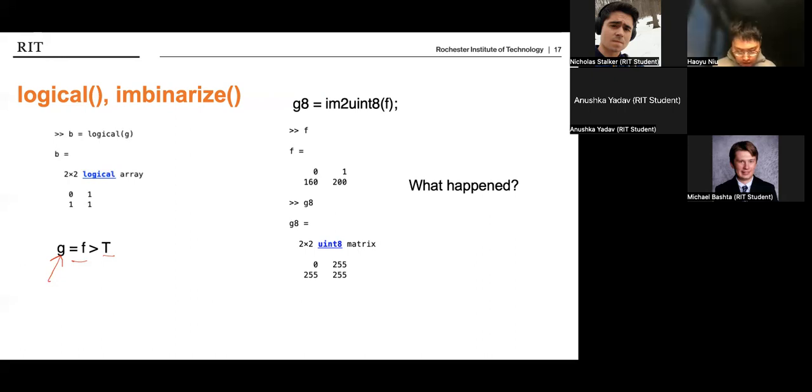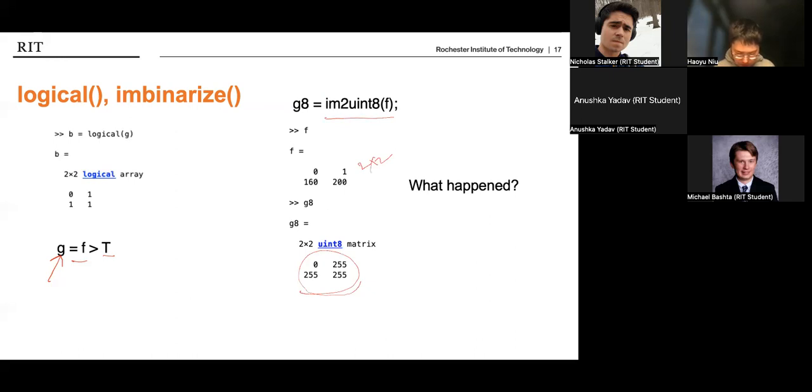So let's see another example here. Imagine we have a matrix F. F is a 2x2 matrix with 0, 1, 160, and 200. When we use the im2uint8 function, we got something like this. So what happened, right?